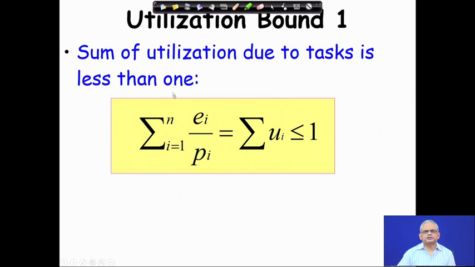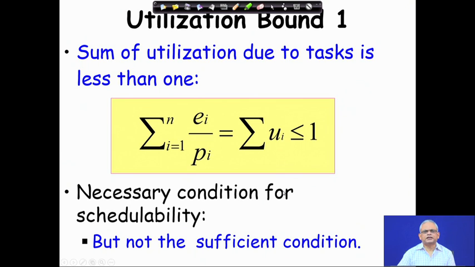This is the basic result: the utilization must be less than 1, which is obvious, because the utilization of a processor cannot exceed 1. It is natural that sigma E_i by P_i should be less than 1, and this is a very basic condition called the utilization bound 1.